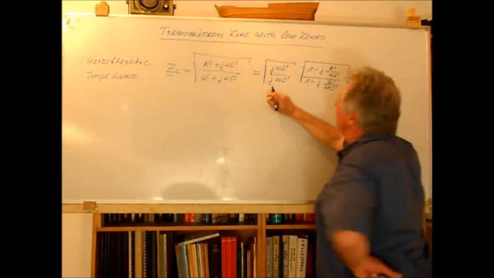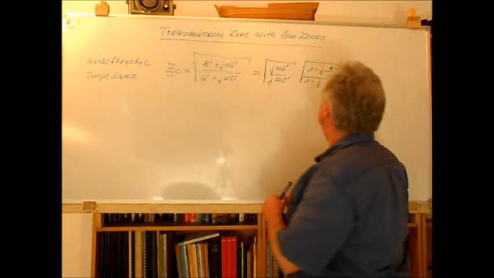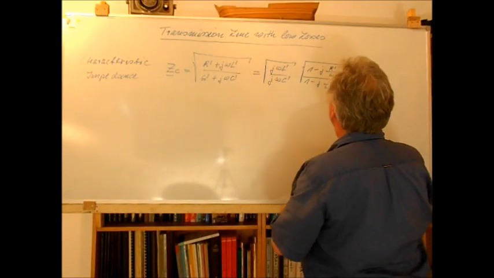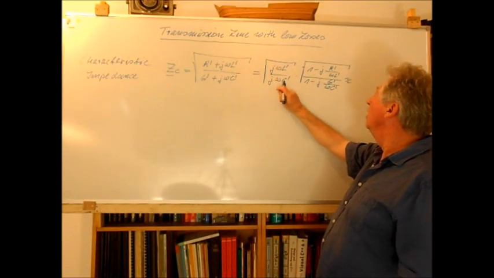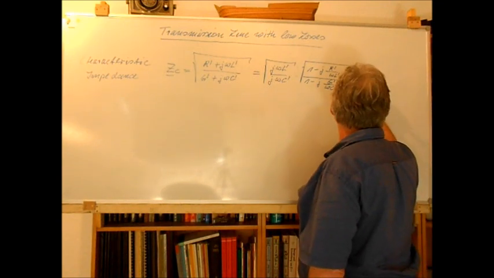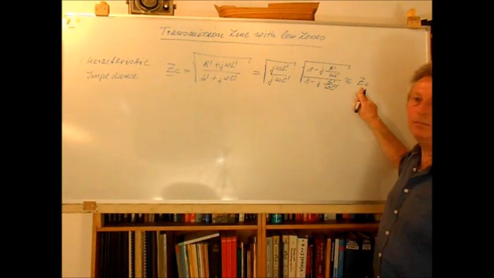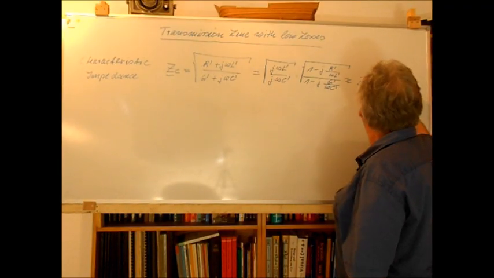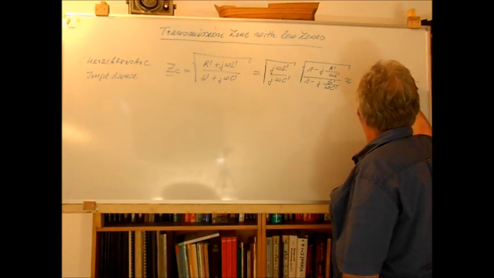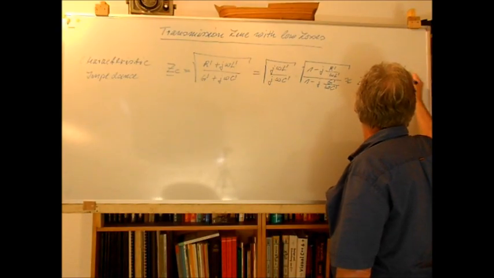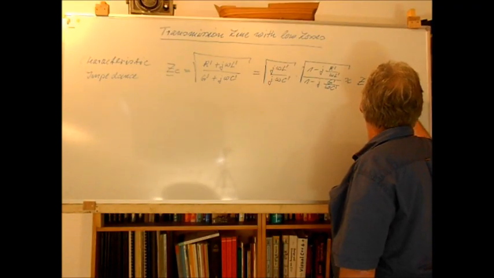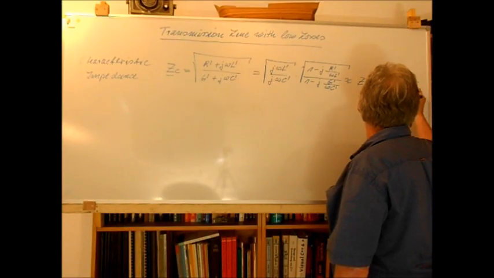This means here in this term j omega and j omega will cancel, and we will get in principle the square root of L prime over C prime, which means this is equal to our characteristic impedance of the lossless transmission line times 1 minus j, and here you have R prime divided by 2 omega L prime divided by 1 minus j G prime divided by 2 omega C prime.